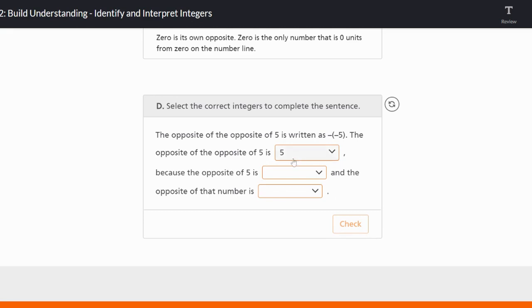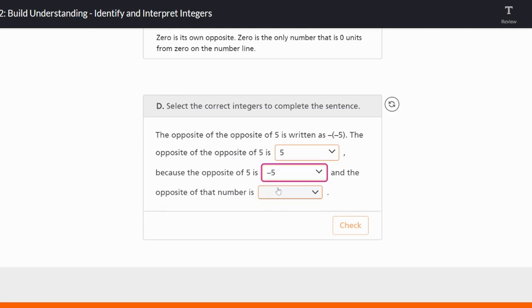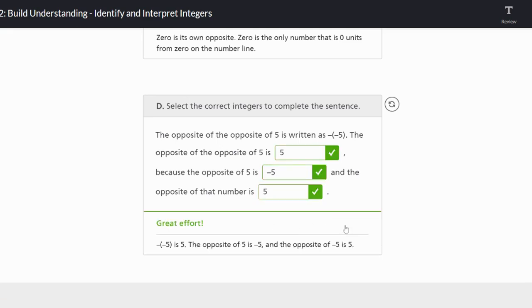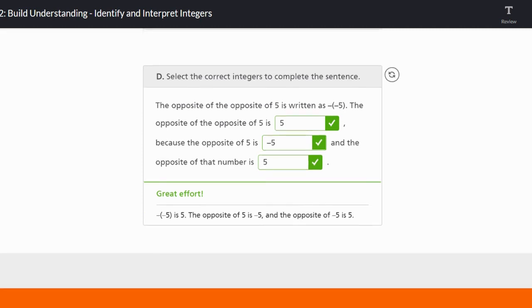Okay, so the opposite is 5 because the opposite of 5 is -5. And the opposite of -5 is 5. So this would kind of be like saying, I am not happy. I am not unhappy with you. That means I am happy with you.